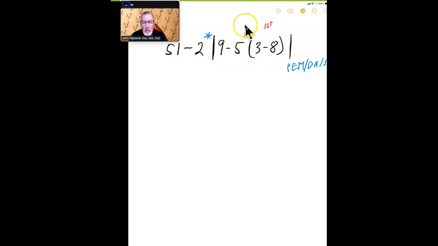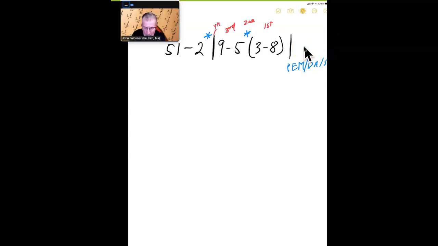So the next in the priority, the hierarchy, would be multiplication. So this is the second operation. And then the third operation would be subtraction within the brackets. And then the fourth, these brackets will go away in their own step. So I'm going to write in fourth.